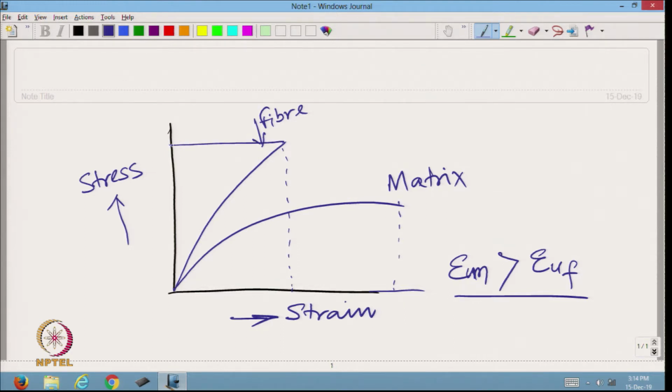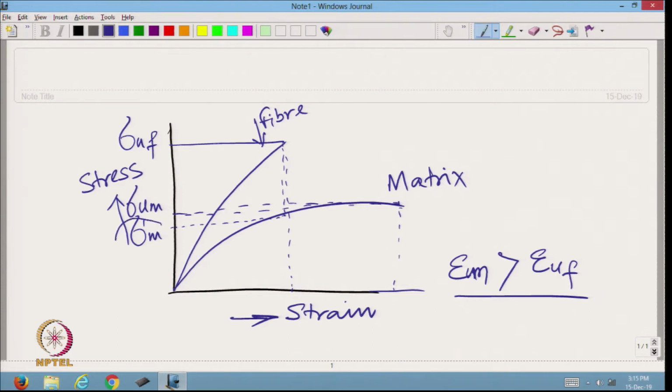This is the ultimate stress of fiber, and this is the ultimate stress of matrix, and here sigma dash m.